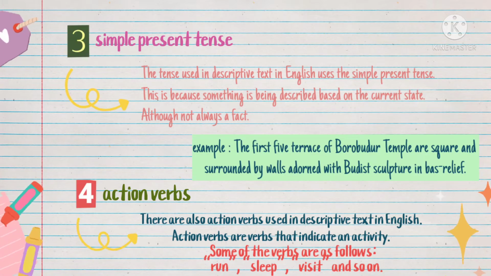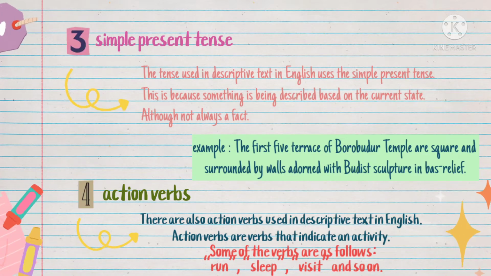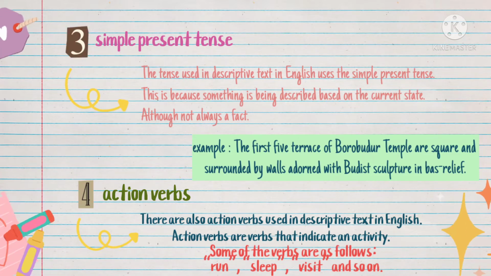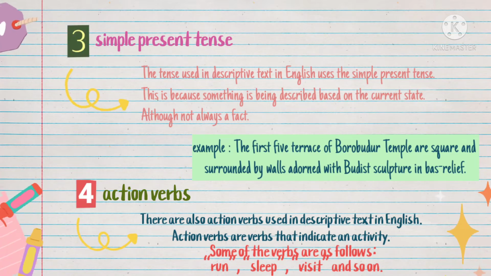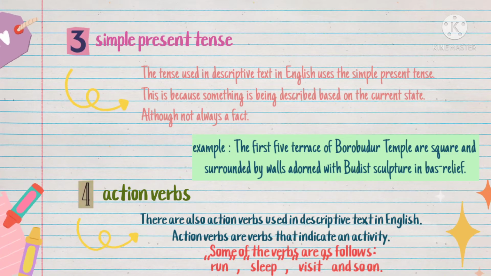Okay, next, simple present. The tense used in descriptive text in English is the simple present tense. This is because something is described based on its current state, although not always a fact. Example: the first 5 terraces of Borobudur Temple are square. That is a sentence with simple present tense. And then action verbs.